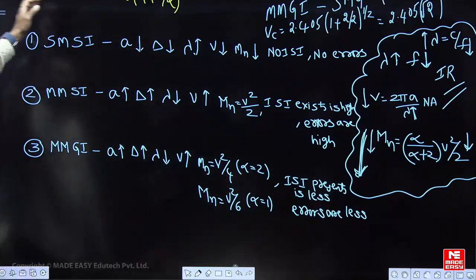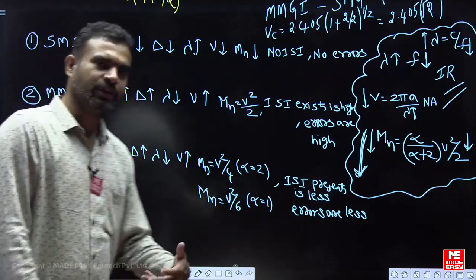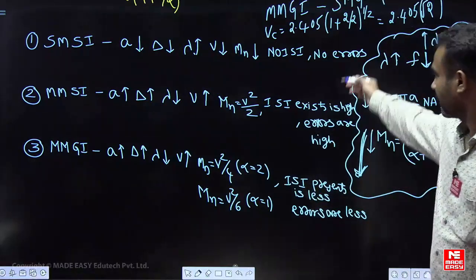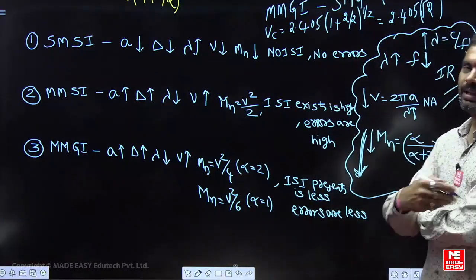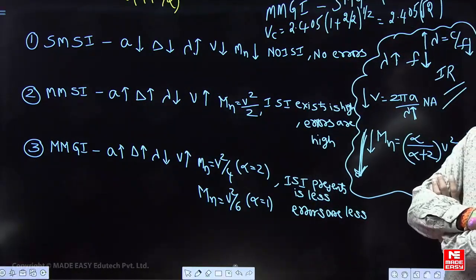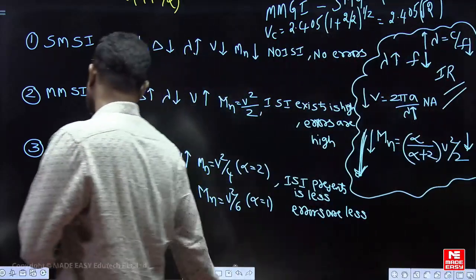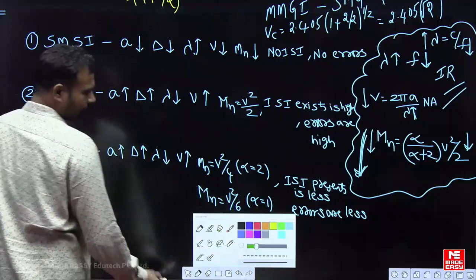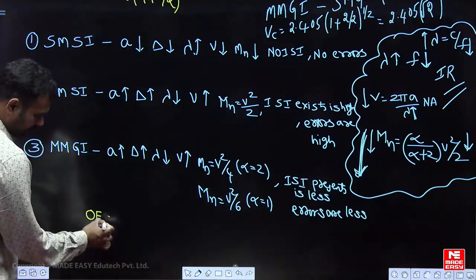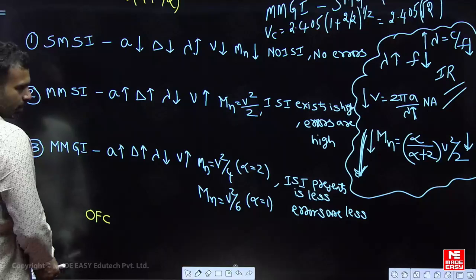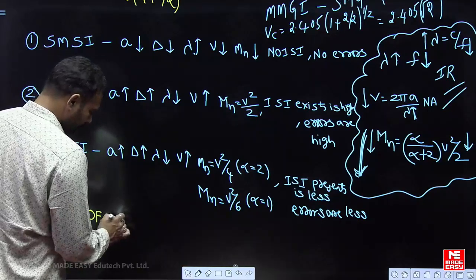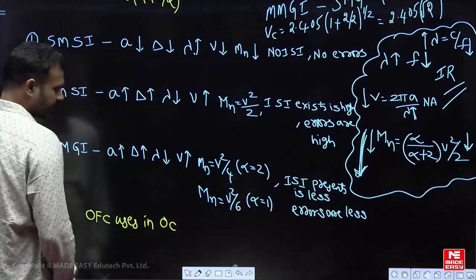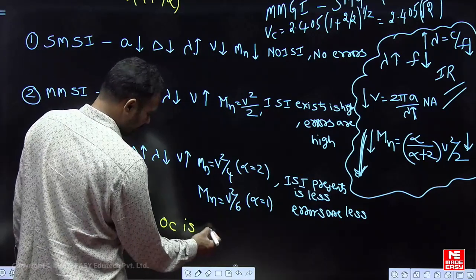Observe, entire class what I explained, yesterday's topic and today's two hours of topic, is completely present in this case. We observed clearly that we have three types of fibers. Out of the three types, the optical fiber cable, OFC, used in optical communication is which one?